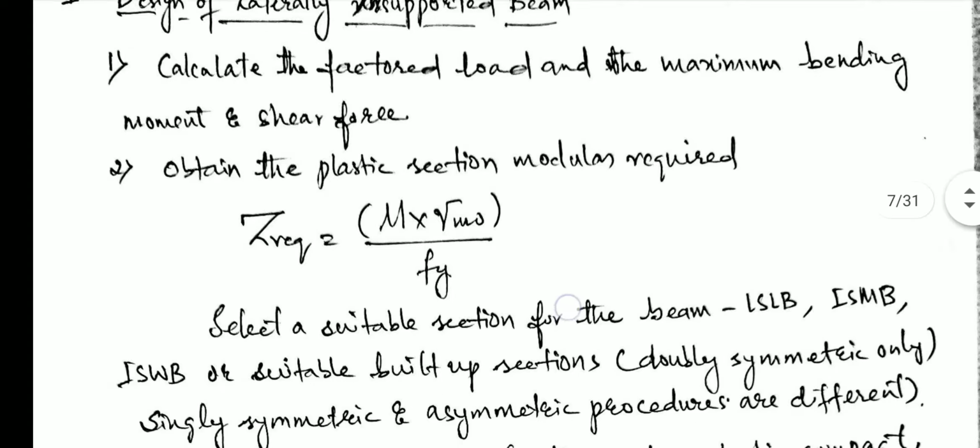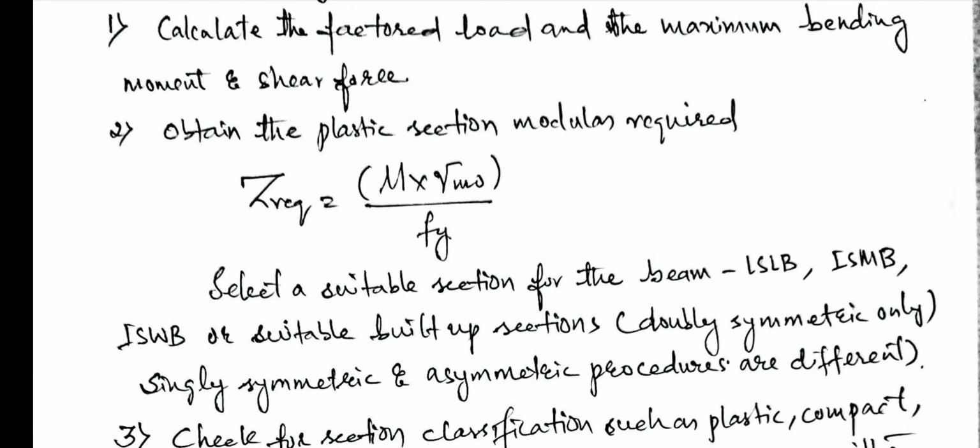After you calculate the design shear force and bending moment, you have to calculate the required plastic section modulus, because from this only we can identify the section which we have to choose. In some cases the section is given and we have to design it; in some cases the section is not given, and we choose the section from the section modulus.